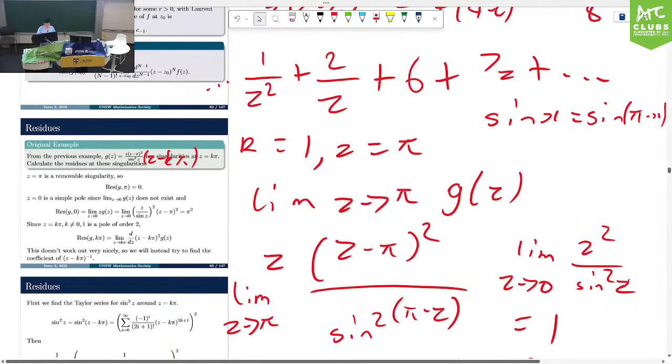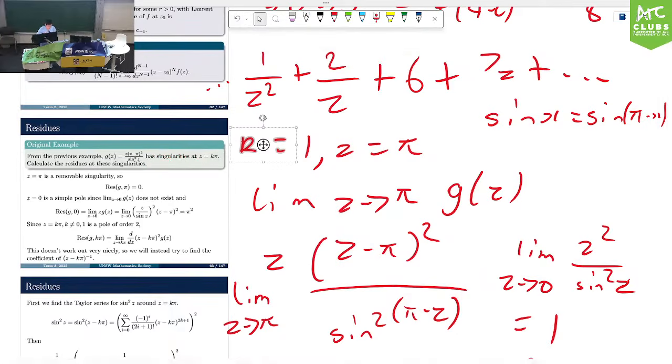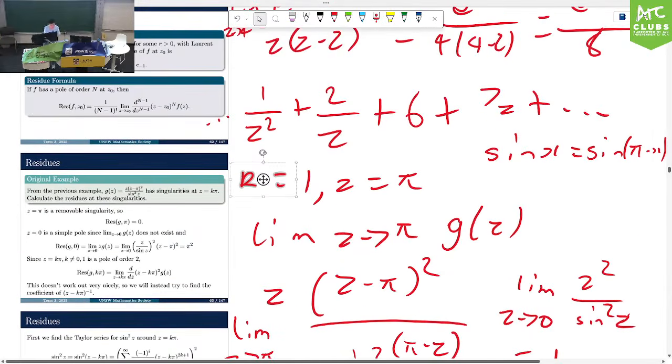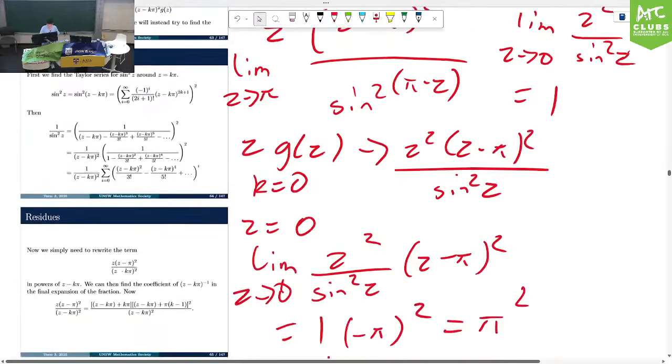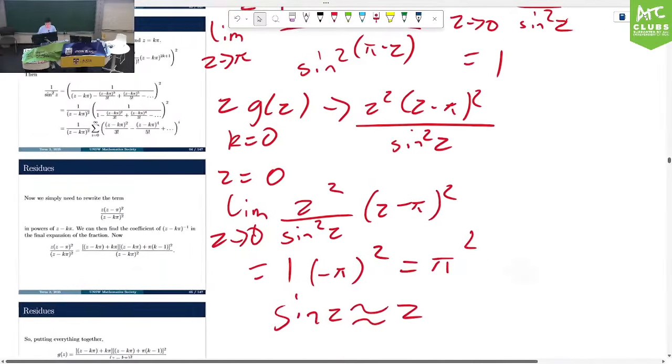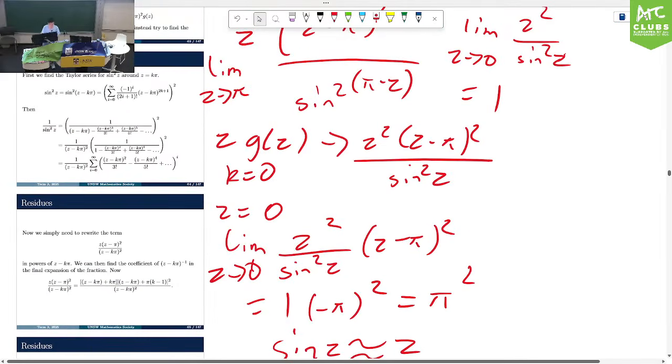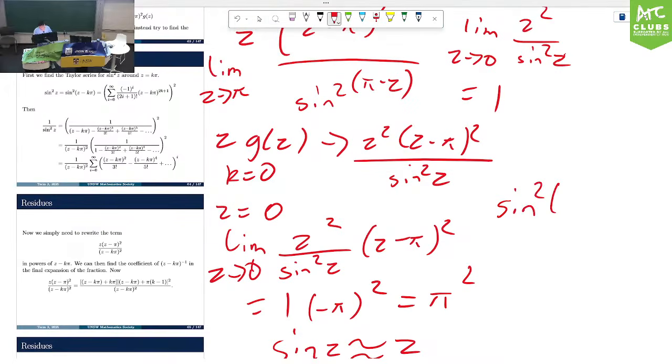Sure, if you have time in the exam, but we're going to try to find some other method, which is to find the coefficient of that -1 power. So the strategy is to find the Taylor series of at least sine squared around k pi. I already claimed that this thing is sine squared z equals sine squared of k pi minus z.